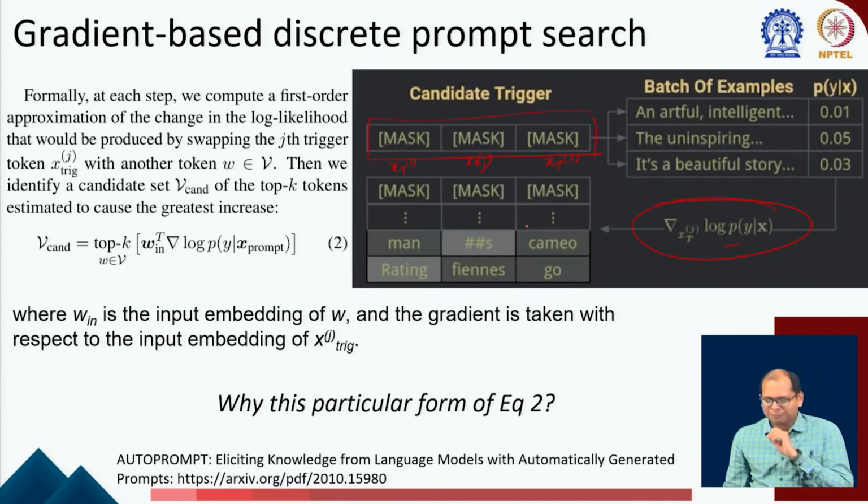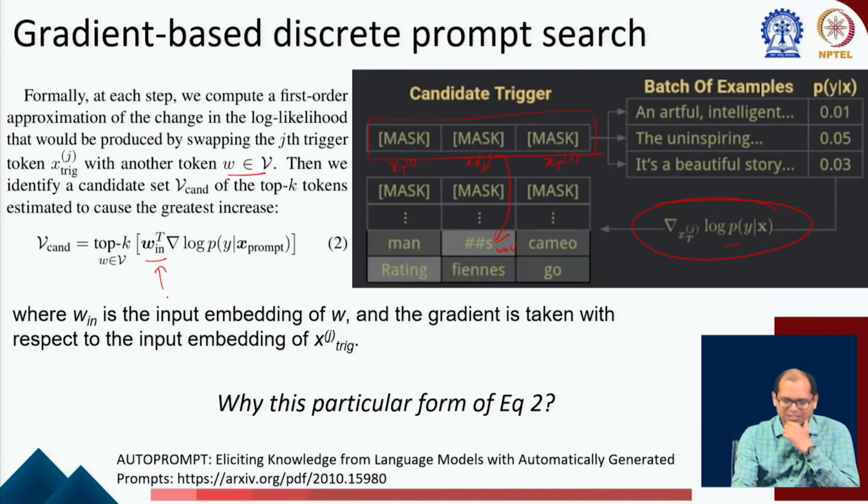Then they ask what the impact would be of replacing the jth trigger token by one of the tokens in the vocabulary. That is, by swapping the jth trigger token with another token in the vocabulary, how much will the log likelihood change? They approximate this as W_in transpose times the gradient. W_in is the input embedding: each word is fed to the transformer, and for a BERT-based model it has a 768-dimension embedding.